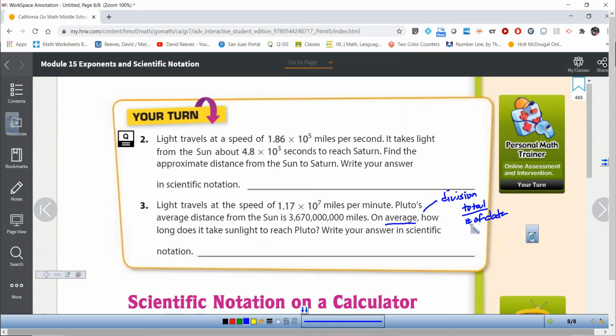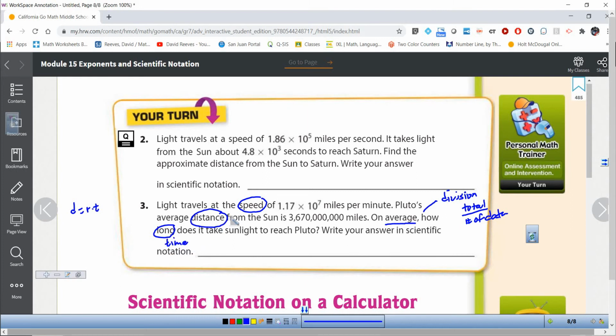All right, so here we go. Light travels at the speed of 1.17 times 10 to the 7th miles per minute. So they gave us a speed. Pluto's average distance from the sun, so they gave us distance. We also need to know that distance is equal to rate times time.